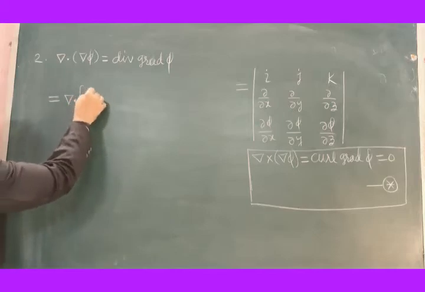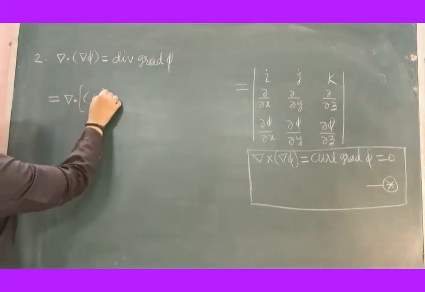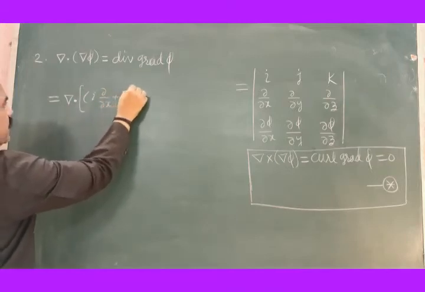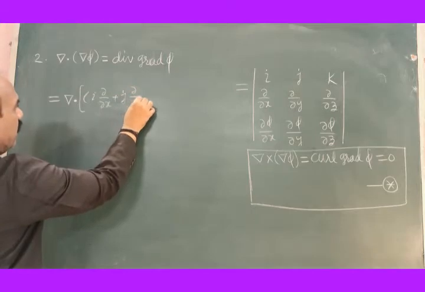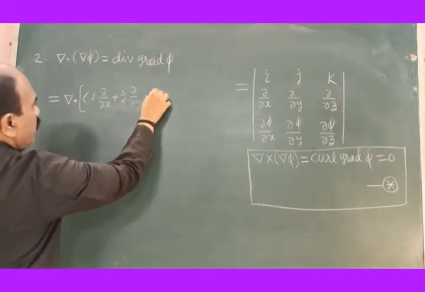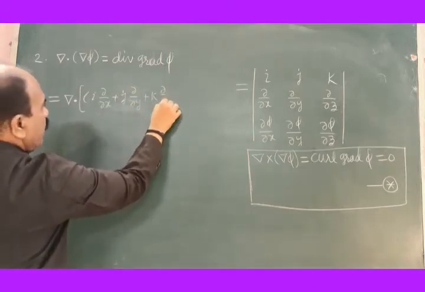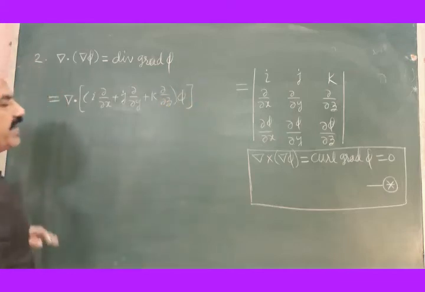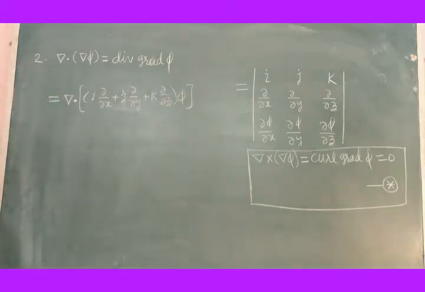In this square bracket, let me put first del here, that is i dou by dou x plus j dou by dou y plus k dou by dou z into phi, square bracket complete.